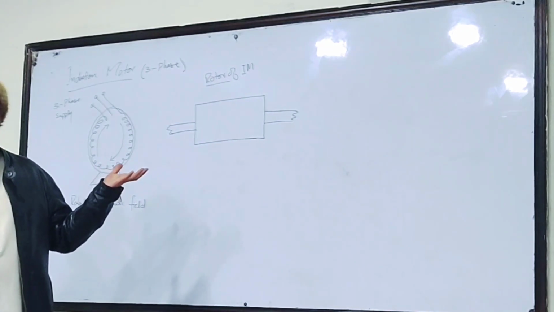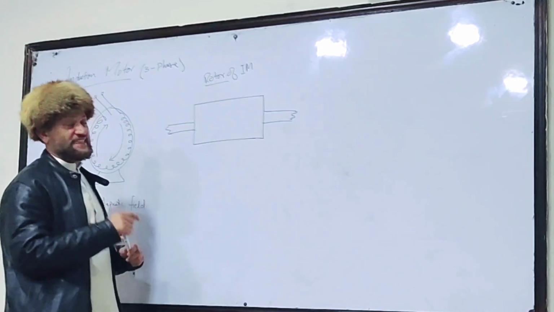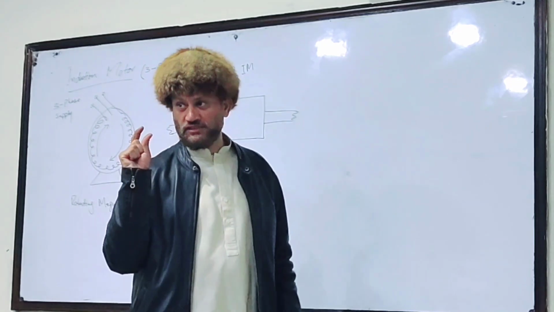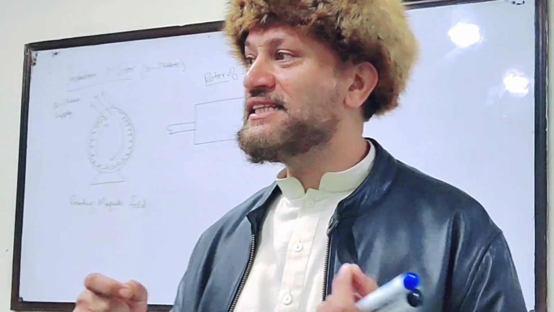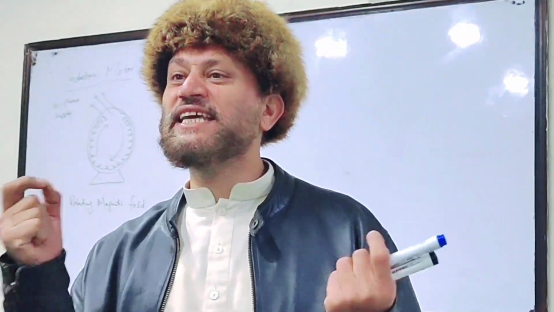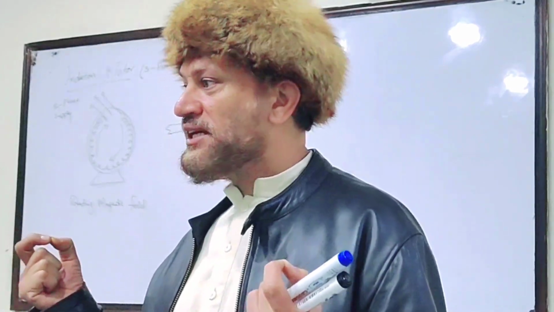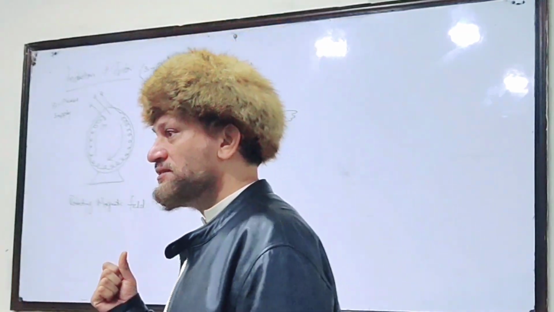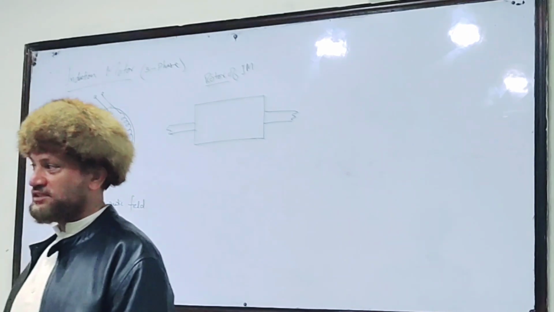Inside this rotor we have thick copper bars, that is conductors, but in shape these are thick wires. Why? Because heavy current will flow through these bars. Understand? Heavy current flows in the bars. That is why we put thick copper bars.